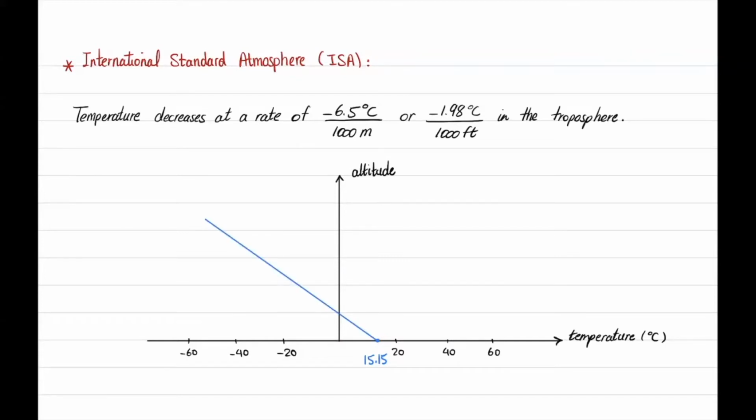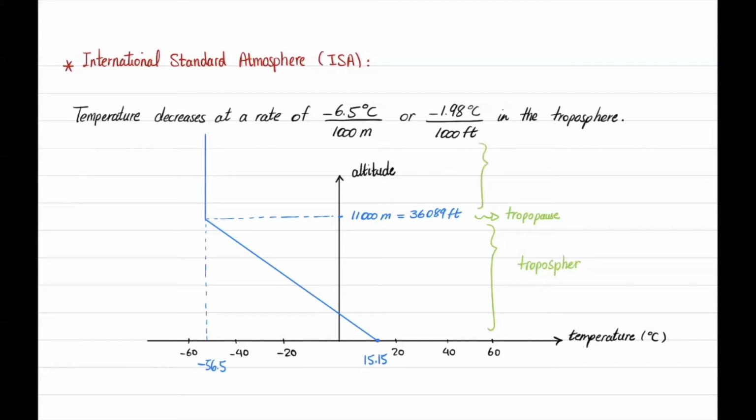And from that point, temperature decreases as altitude increases up to a point which we call tropopause and has an altitude of around 11,000 meters, which is equal to almost 36,000 feet. The standard temperature at tropopause is equal to minus 56.5 degrees Celsius. From tropopause upward, the temperature remains constant. So this layer is the troposphere, and here will be the stratosphere.